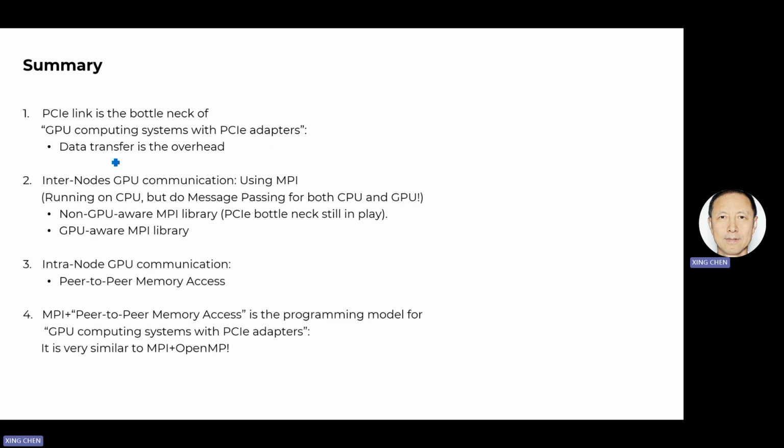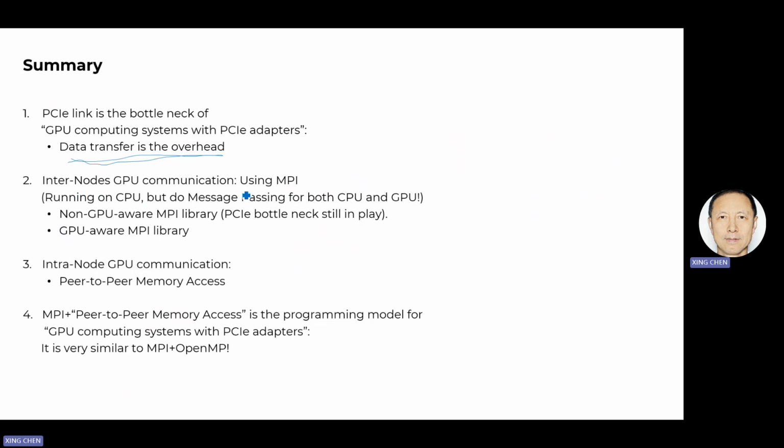And GPU data transfer is the overhead. And that means for the programmer, they have to think about having as many threads as possible each time they offload their workload.